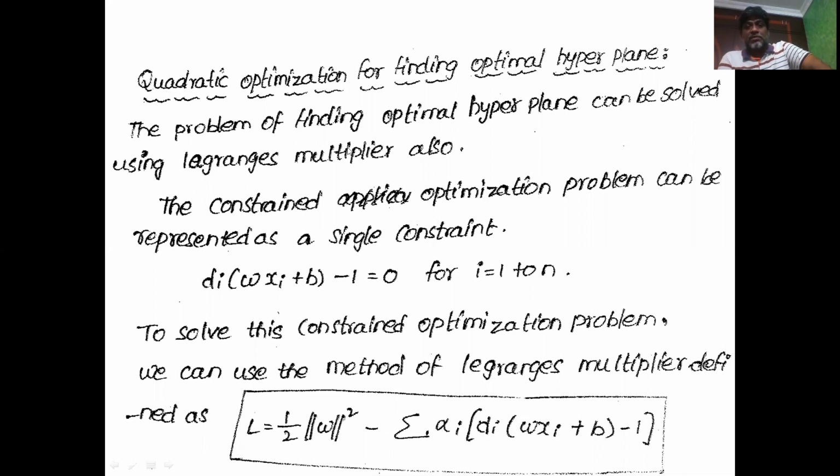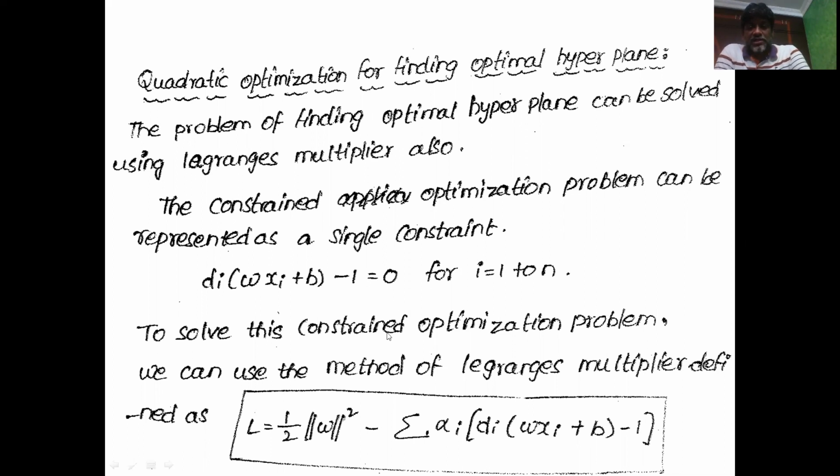The problem of finding the optimal hyperplane can be solved using Lagrange's multipliers also, as I told. Starting with the constraint that we derived from equation 1, we got di into wxi plus b minus 1 is equal to 0 for i is equal to 1 to n, for each input pattern xi. With this constraint, we can use Lagrange's multipliers to solve this constrained optimization problem.